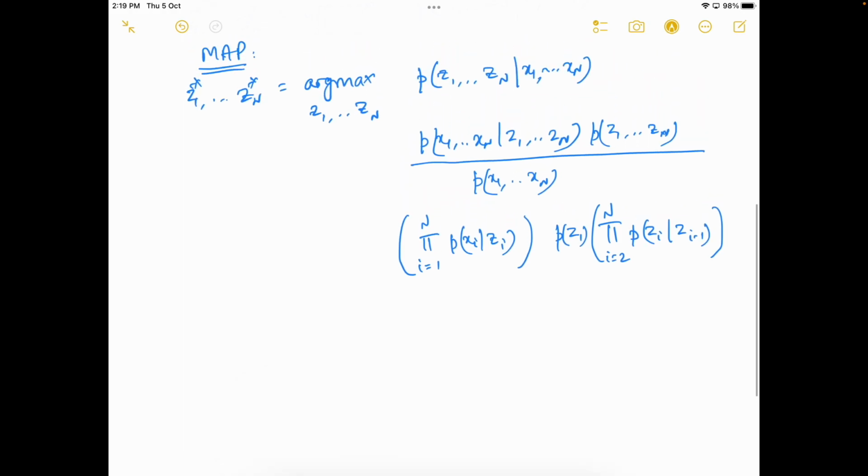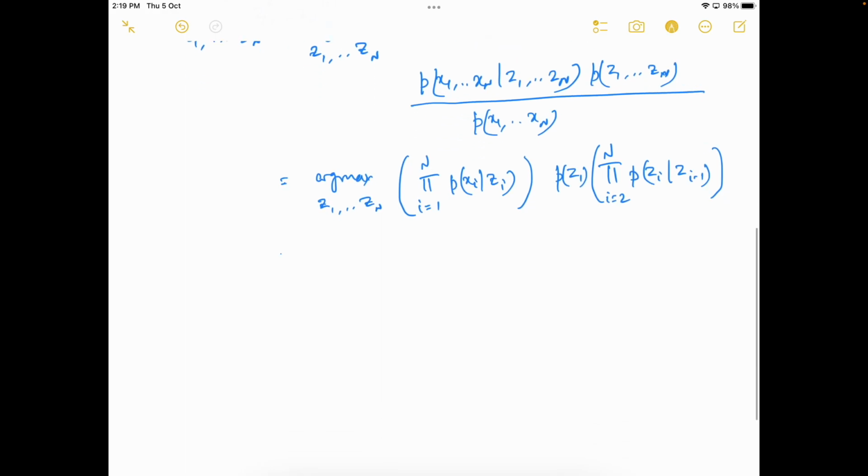So that's it. Now this is an optimization problem. How shall we solve it? Let's first try to do some simplification. The maximum of a quantity is the same as the maximum of the log of that quantity, right?